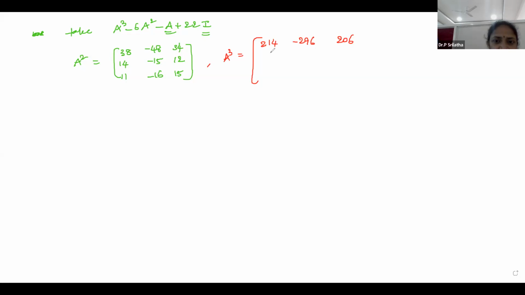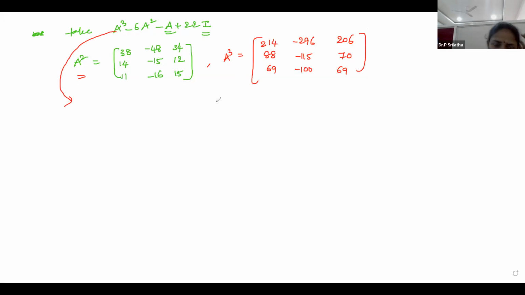Okay, so this is 88, minus 115, 70, 69, minus 100, 69. Okay, so this is A cube and this is A square. So we have to put A square and A cube and everything will be here.